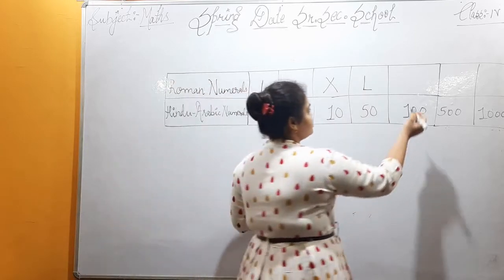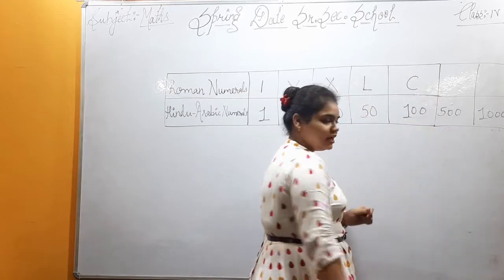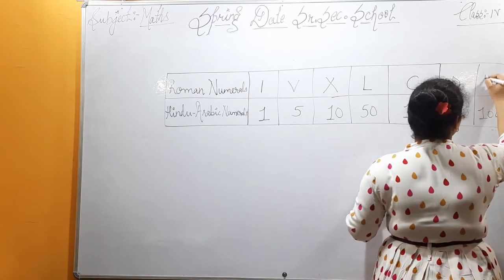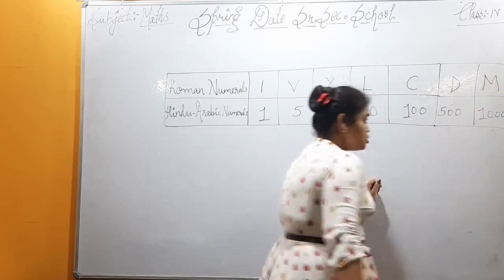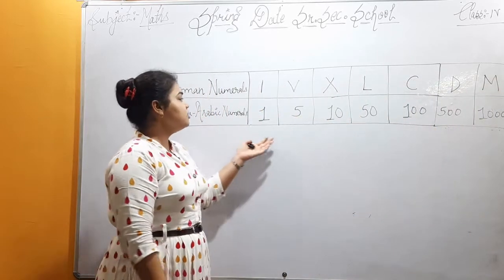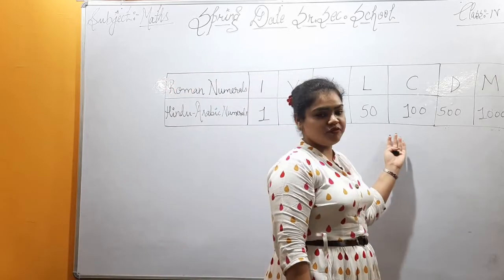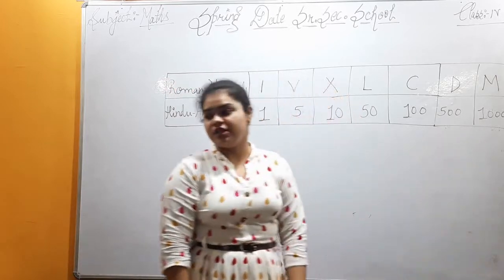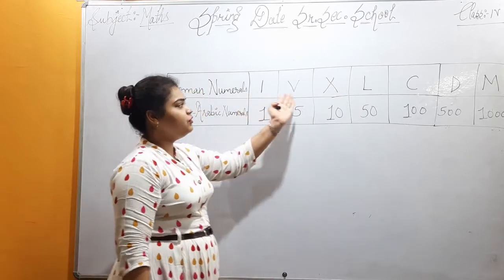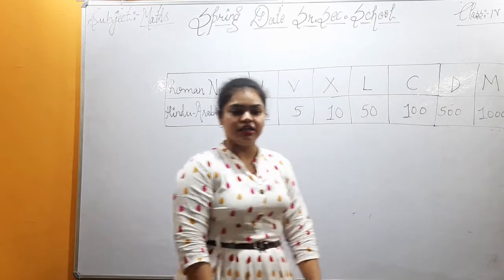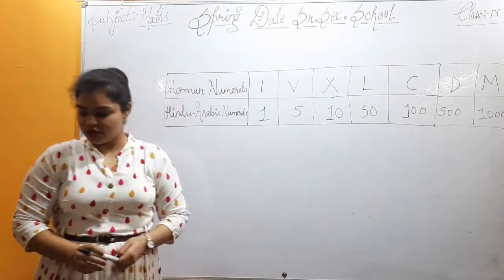That is C. For 500 we will take the letter D, and for 1000 we will take the letter M. So these are the Hindu Arabic numerals, that is 1, 5, 10, 50, 100, 500 and 1000. And I, V, X, L, C, D and M, these are the Roman numerals.